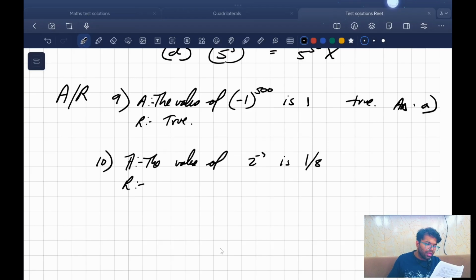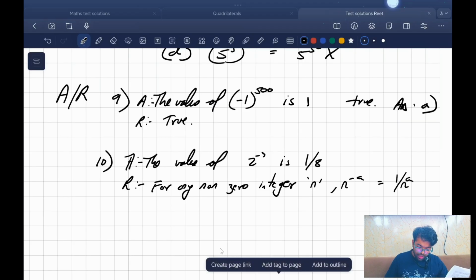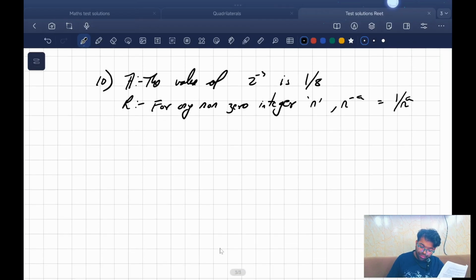Reason: for any non-zero integer n, n to the power of minus a is equal to 1 upon n to the power of a. Clear? So for any non-zero integer n, n to the power of minus a is equal to 1 upon n to the power of a. Correct? So 1 upon n to the power a आ रहा है हमारे पास.